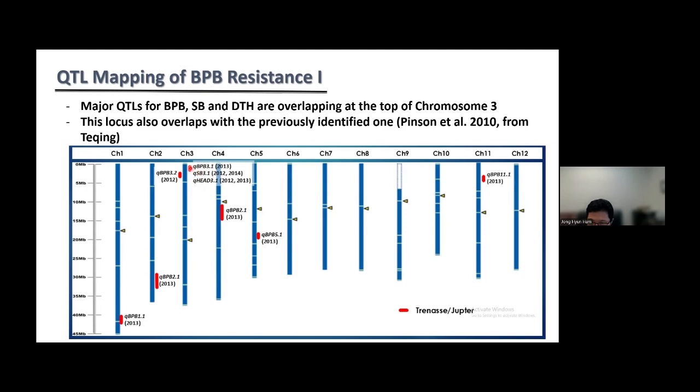So they are just concentrated into one locus. And in the 2012 data, we mapped another locus very close to 3.1, also very closely located to 3.1.